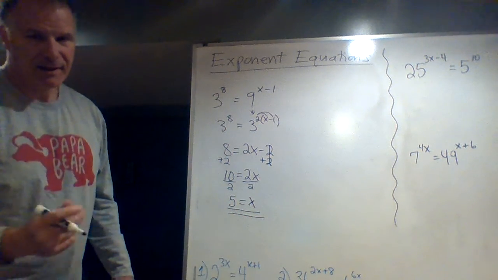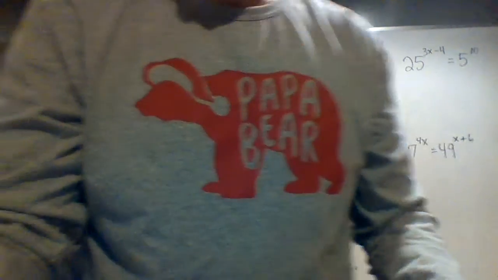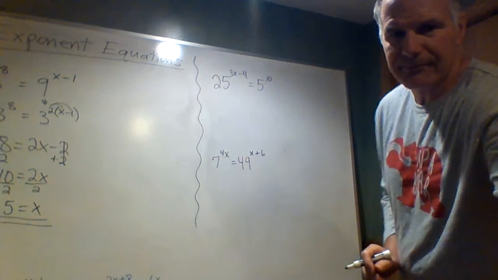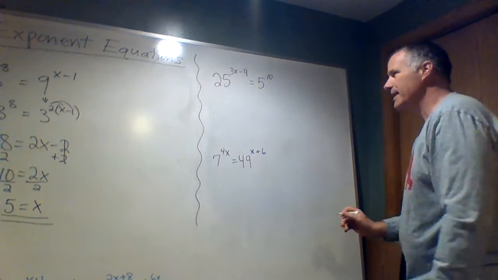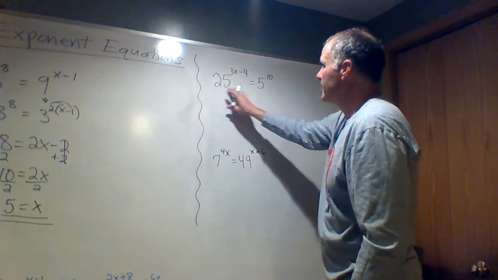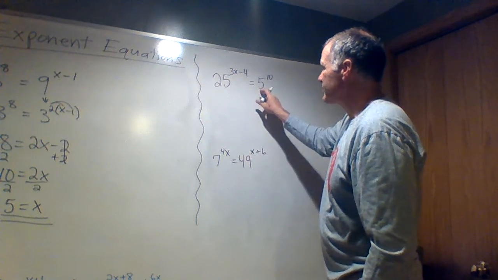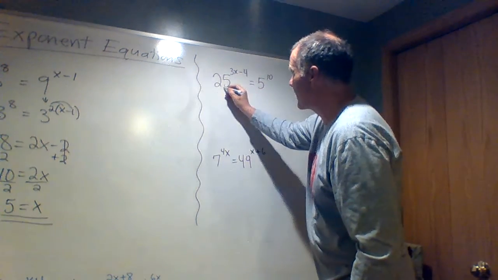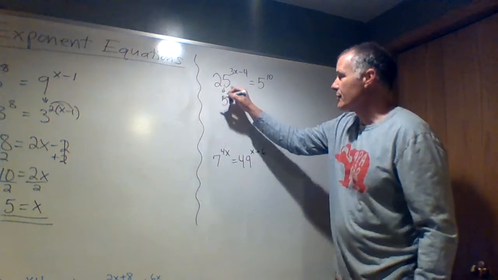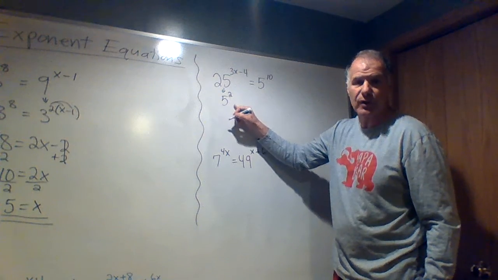Let's just practice a couple more. I think we did one of these as well. We've got 5, 25, and 5. 25, remember, is 5 squared. So 25 can become 5 squared. See, I turned 25 into 5 squared.